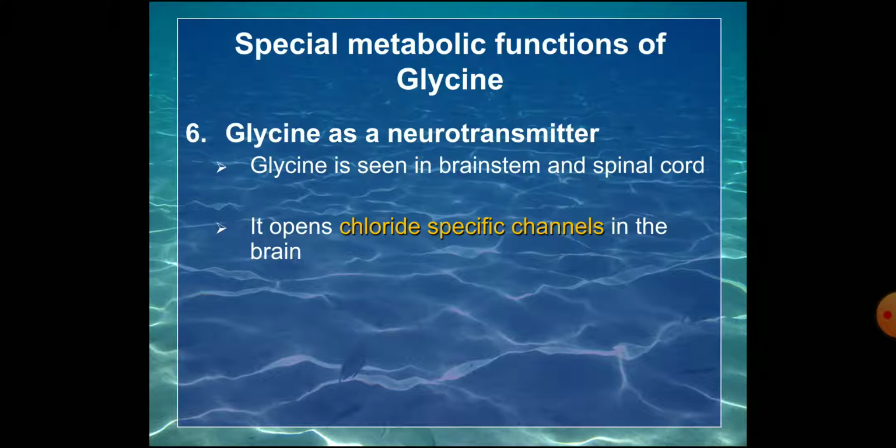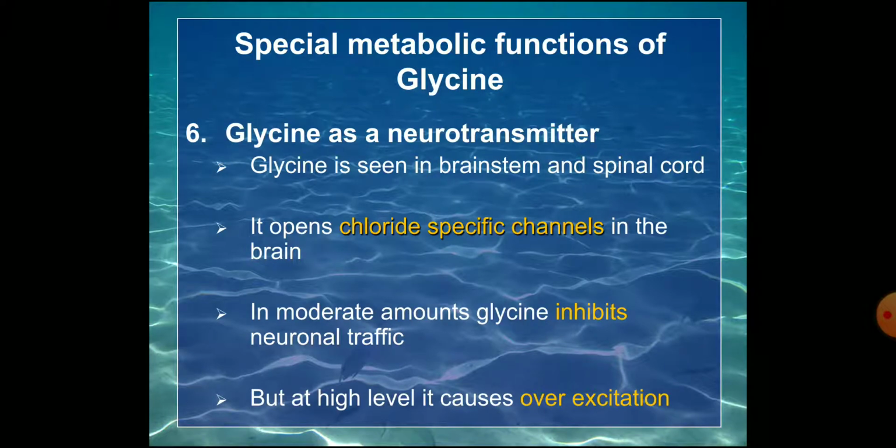Now another important function is glycine acting as a neurotransmitter. Glycine is seen in the brainstem and the spinal cord, and it opens the chloride specific channels in the brain. So what happens? In moderate amounts, glycine inhibits neuronal traffic, but at a high level it causes overexcitation.